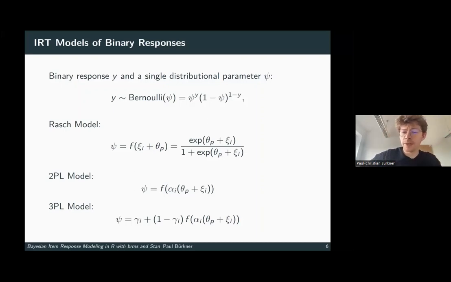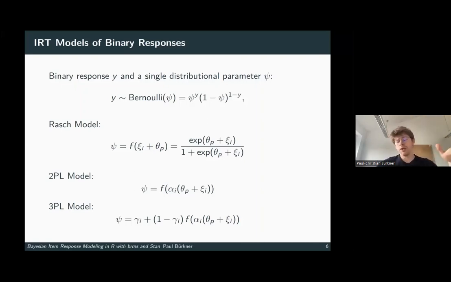And this is something we could include in our model by basically multiplying our 2PL part with 1 minus this gamma i and adding gamma i, where gamma i then would be the guessing probability. So even if the person had no idea whatsoever what's going on, they would still have a probability of answering this forced choice question correctly of 25%.